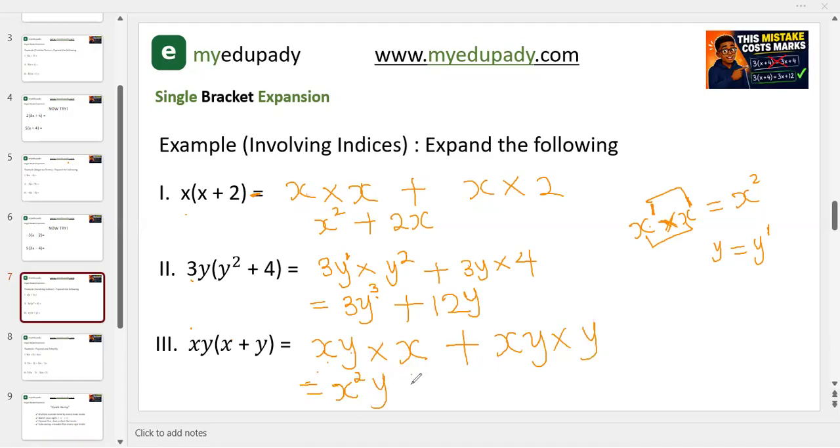Then plus, you do the y here. The x is standing alone, since we don't have any term we are working on with it. Then y times y gives y squared, because this is 1 by the power, and we add that together. So the result is x squared y plus xy squared.